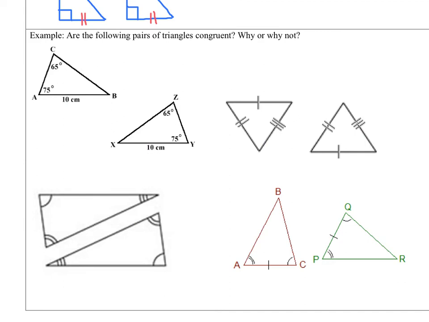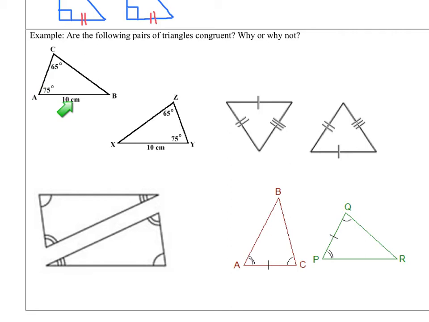So now for the first set of examples, we're just going to look at various pairs of triangles and determine if they are for sure congruent to each other, and if so, which postulate we're looking at. So this first set of triangles, they have two angles in common and a side in common. Now, the side that they have in common is not directly between the two angles.